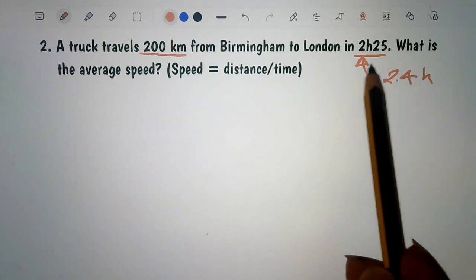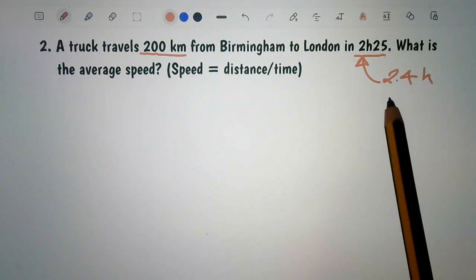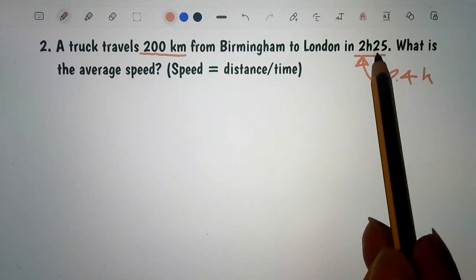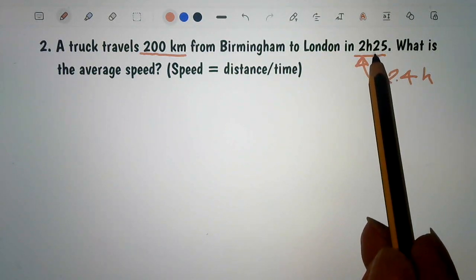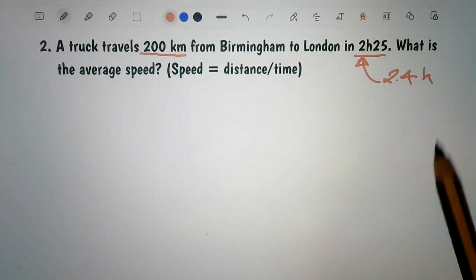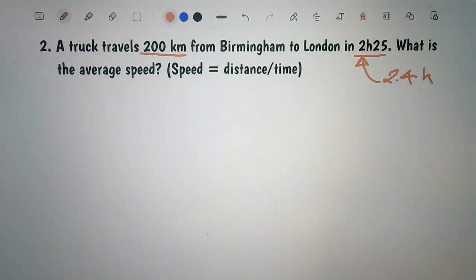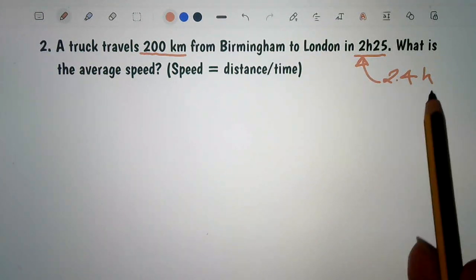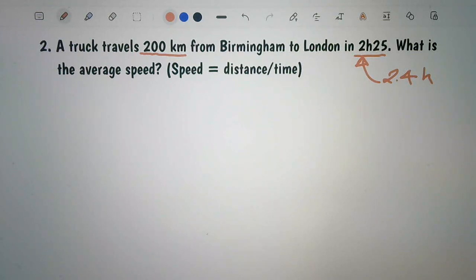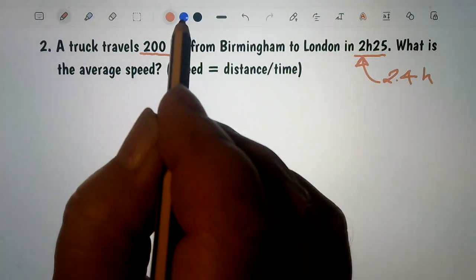You can easily confirm that. The 2, of course, doesn't change. 25 divided by 60 to give you a decimal, and it gives you about 0.4. I'm just working for two significant figures here.